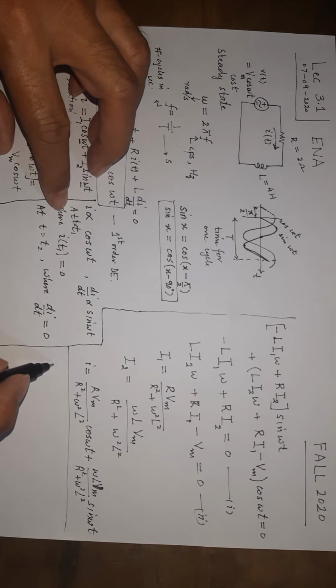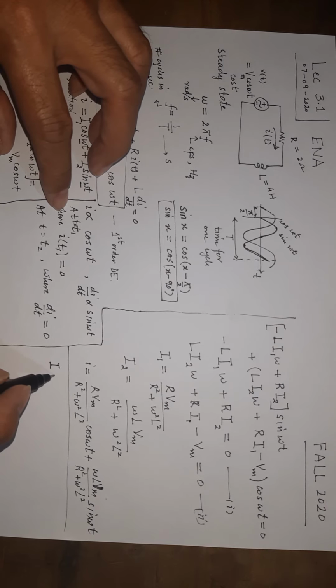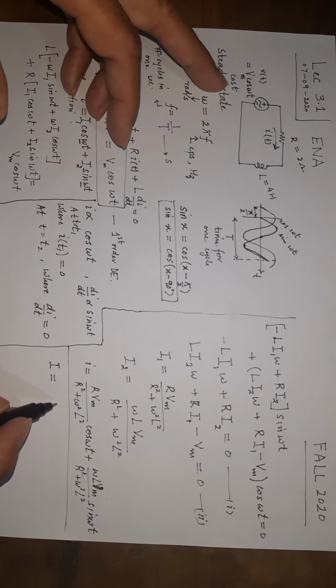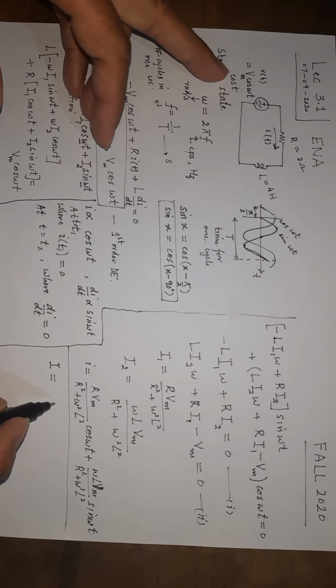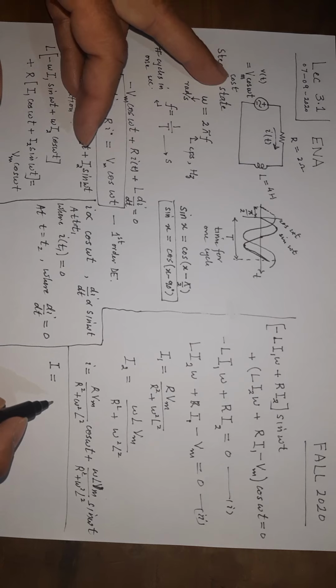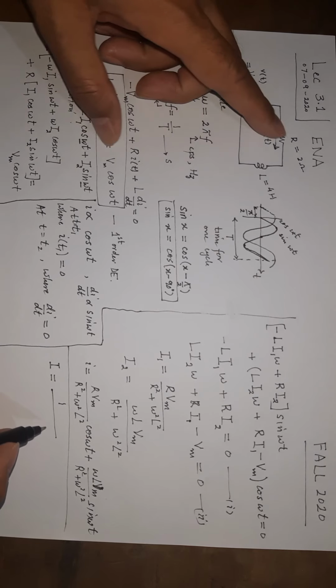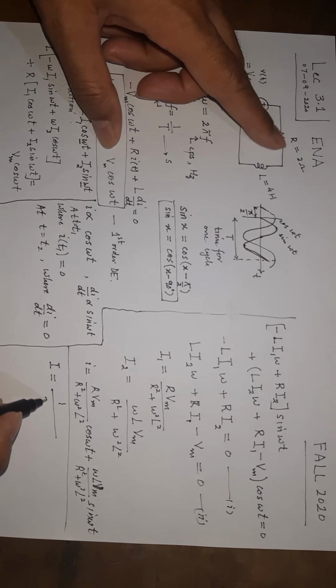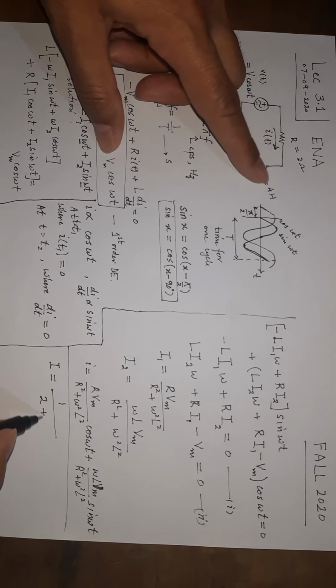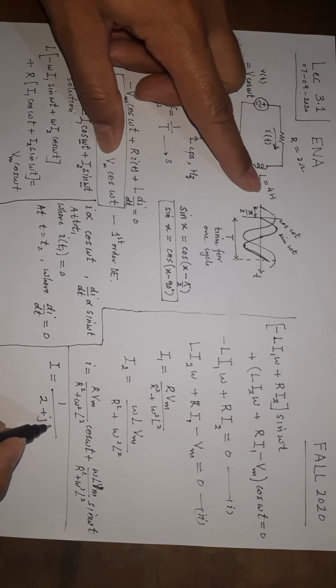If you remember, that magic is going to get that capital I would be equal to the capital V here, that would be 1 divided by the sum 2 plus iota 4.